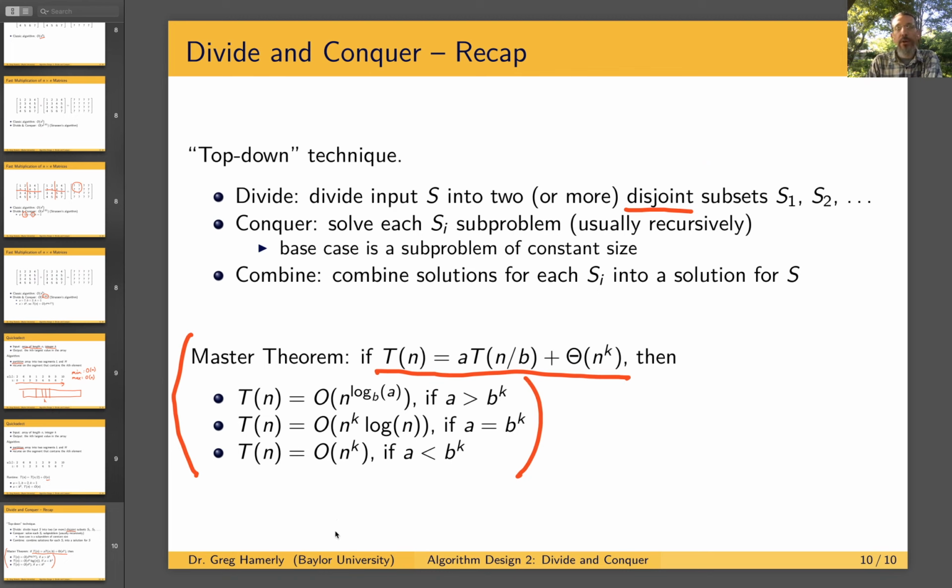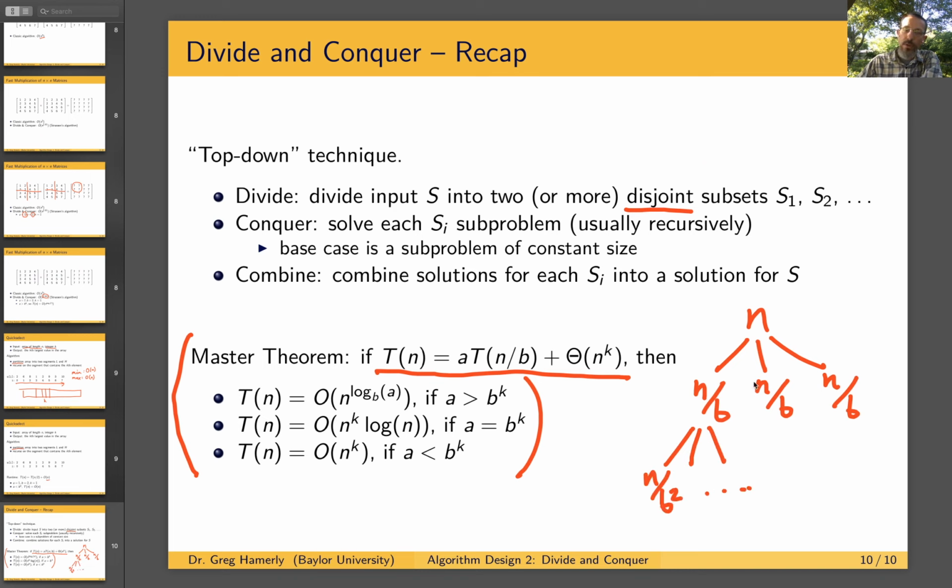And again, I would encourage you to try to prove this. The method of proof is simply to take a problem of size n and then think about if you have a subproblems, say 3, and you have n over b in each of these, right? And there are a, say 3, or however many subproblems, and then each of those gets broken up into n over b squared, right?